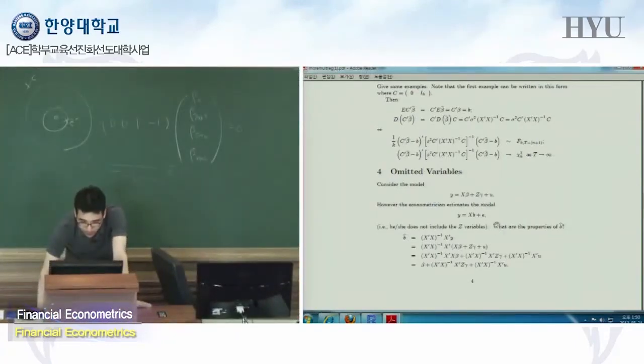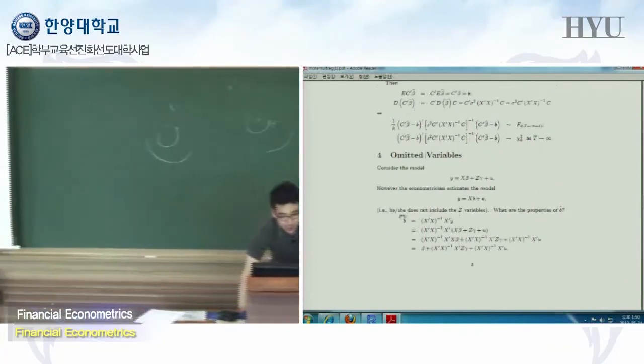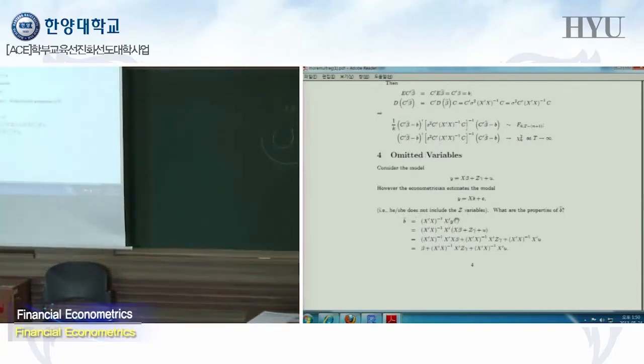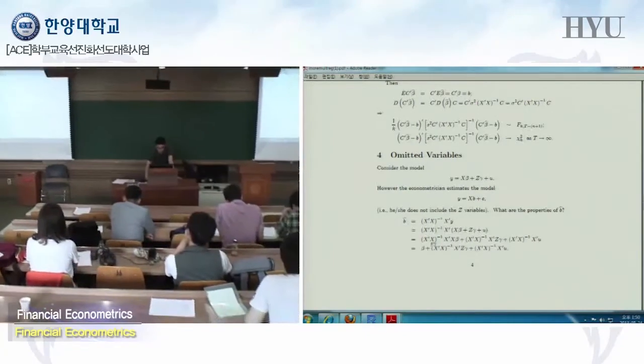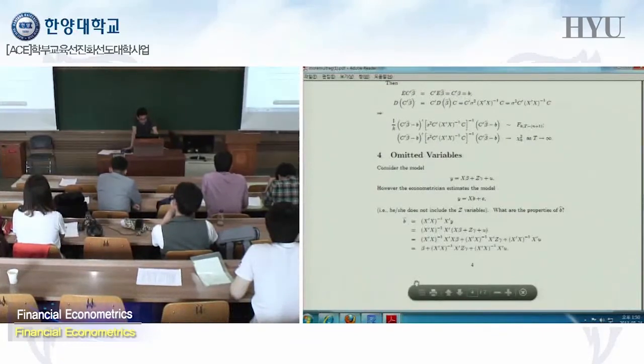Of course, b hat is (X'X) inverse X'y. Okay, this is our estimate. But the true y is X beta plus Z gamma plus u. So if we plug this true model in, our estimate b hat is (X'X) inverse X' (X beta plus Z gamma plus u).